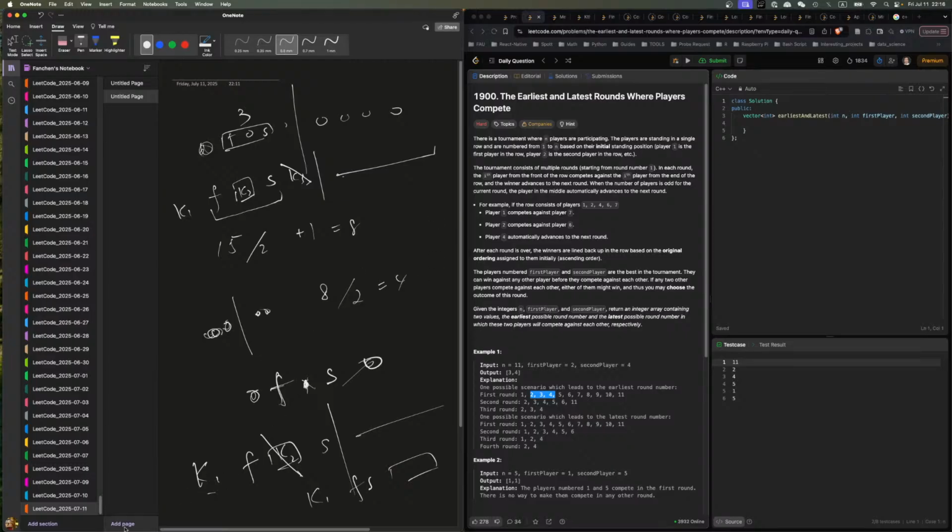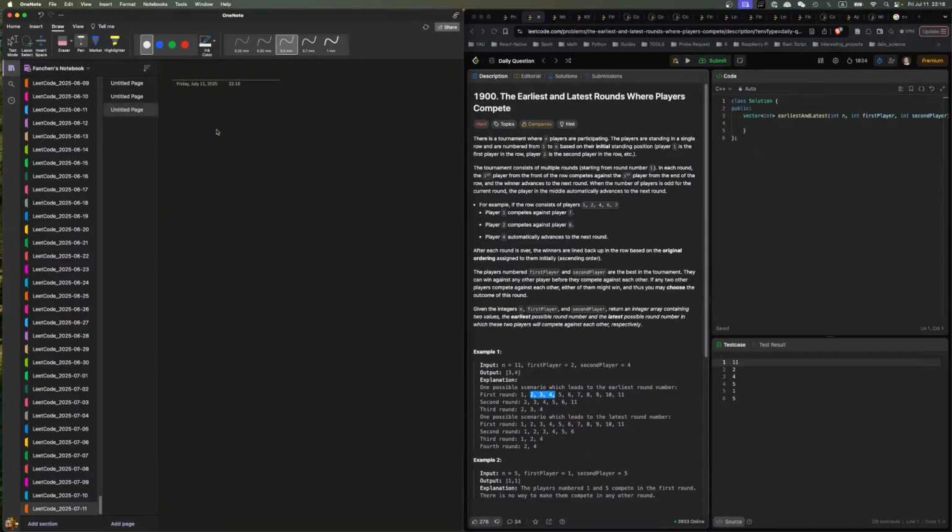Actually, we can try this again. I have 1, 2, 3, 4. So this is our target. 5, 6, 7, 8, 9, 10, 11. This is the middle. So the first thing we want to do is I want to defeat this. So I basically become 1, 2, 3, 4.